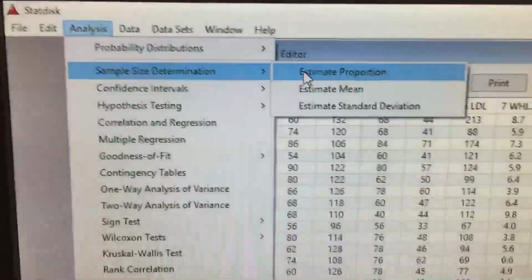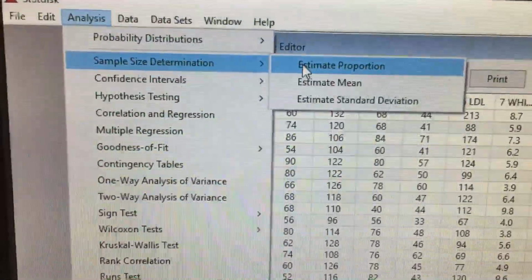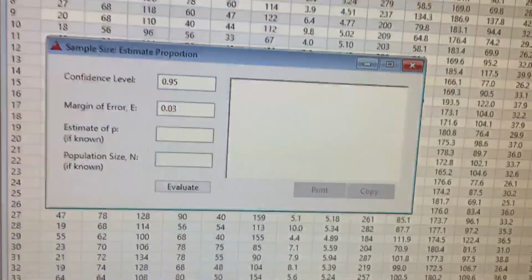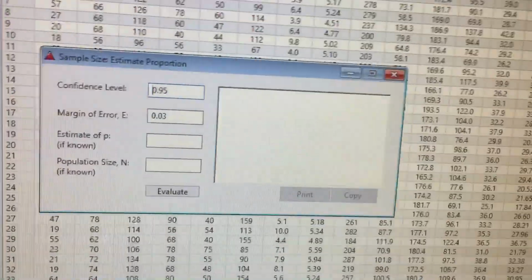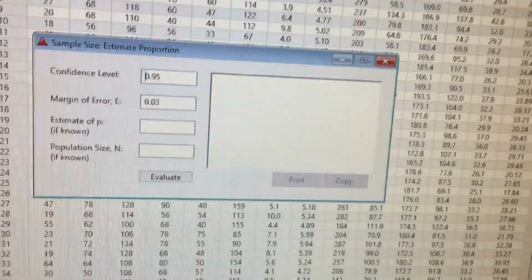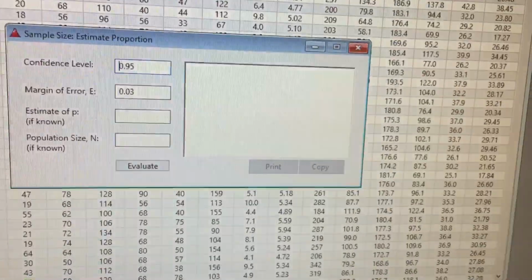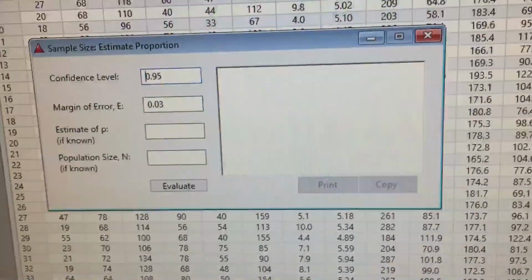And it's going to be an estimate for a proportion because we're dealing with a population proportion in this case. You're going to get this box right here. So here, you were told we want to be 99% confident. So here, they do give you 0.95 as a default confidence level.